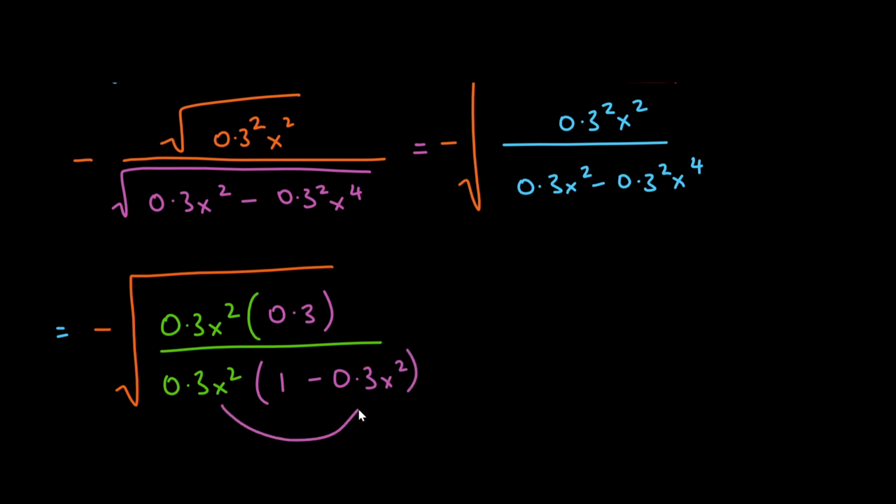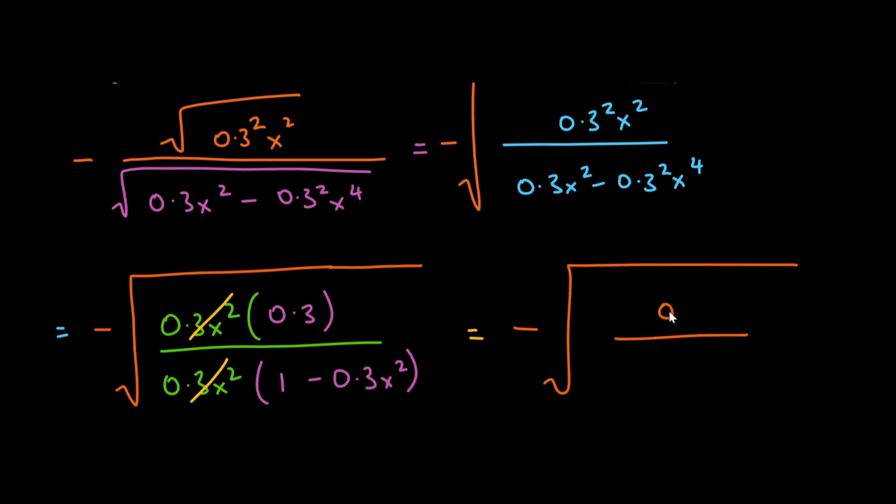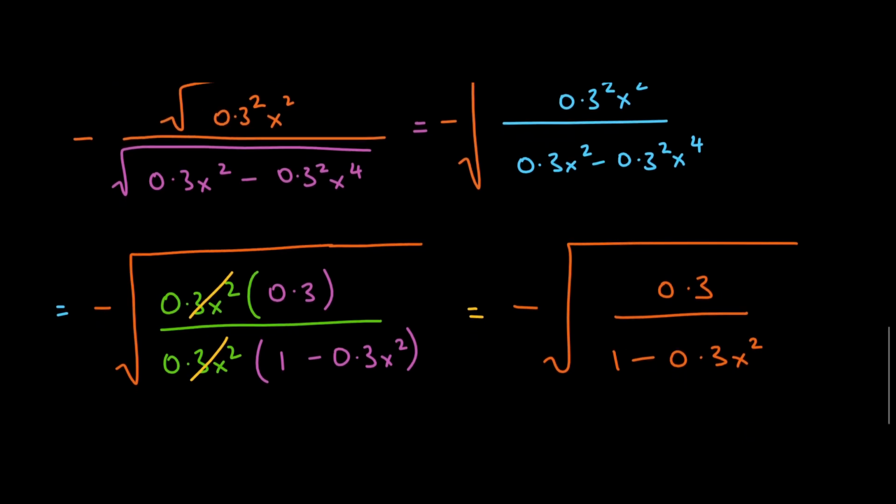Because if you multiply these two, you'd get this term. And so now I can cancel out 0.3 x squared in the numerator and denominator, and then I can write the rest. Negative the square root of 0.3 over 1 minus 0.3 x squared. And we can't simplify further, and hence we have arrived at our answer.